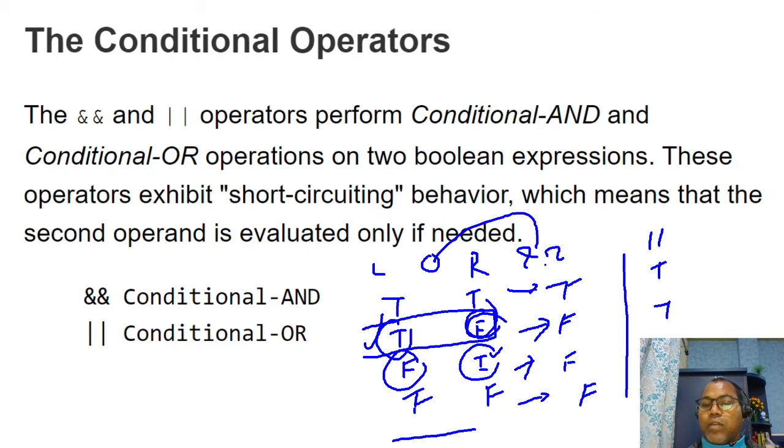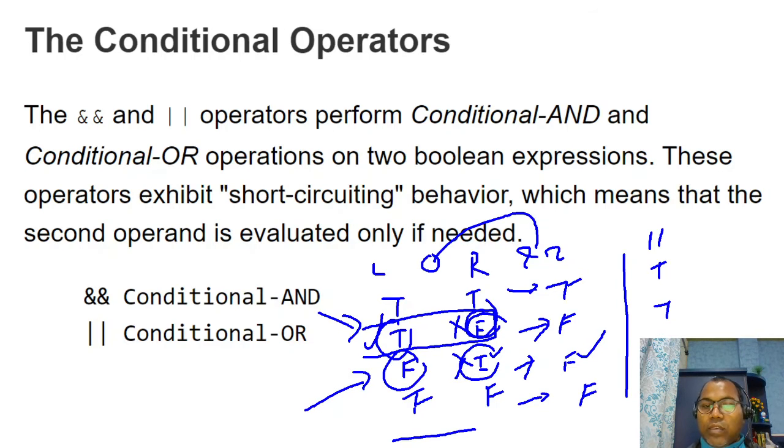In the AND case, if the first is false, then the next expression is not evaluated, because you know that if any is false, it returns false. And in the case of OR, we know any true gives true, so if the first is true, they are not going to evaluate the second.